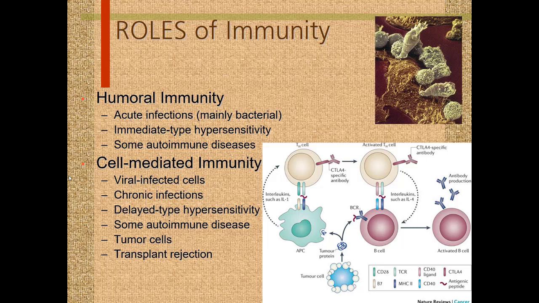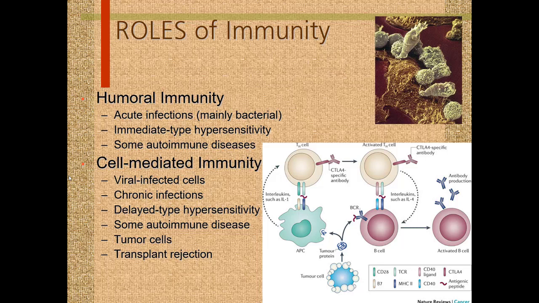For cell-mediated immunity, two important things: viral infected cells and chronic infections. For example, there are a few bacteria, like the one that causes tuberculosis, the one that causes syphilis. Those cause chronic infections rather than acute infections.